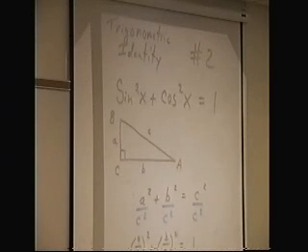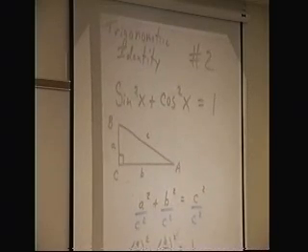Sine of a, isn't it? Yeah. And this is cosine of a, isn't it? This is the sine of a squared. And this is the cosine of a squared. Interesting. When you square the sine and you square the cosine and add them together, you always get 1. Just like I said up here.